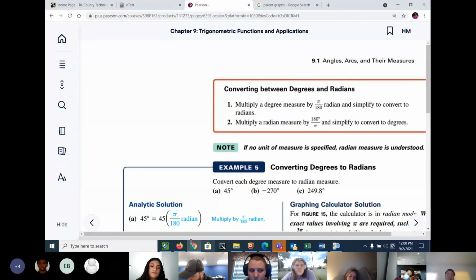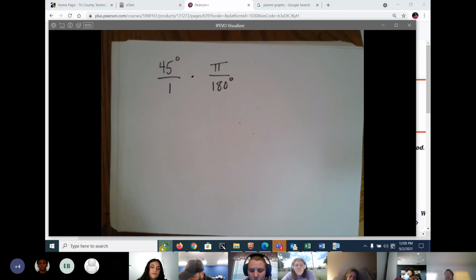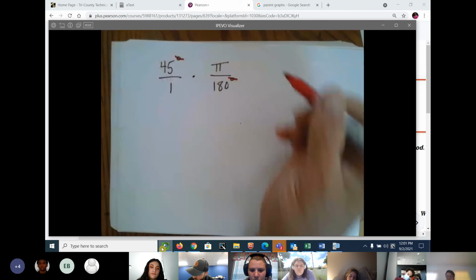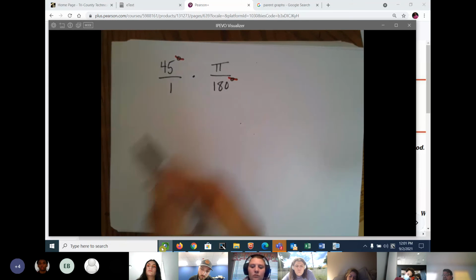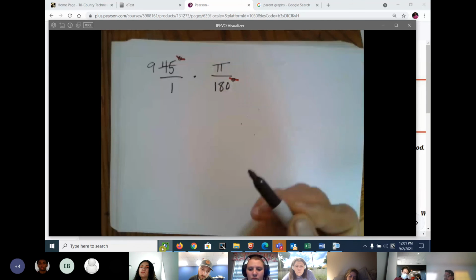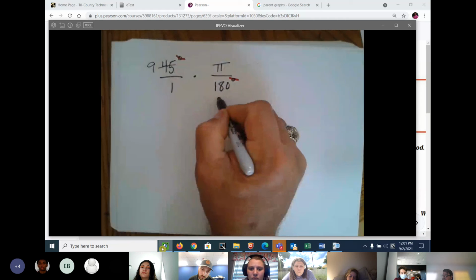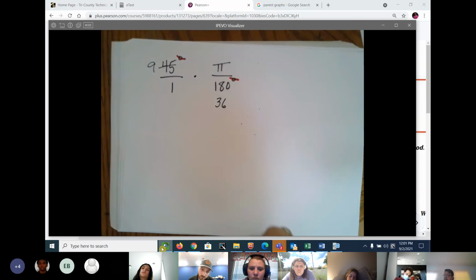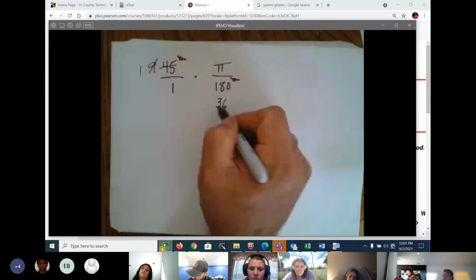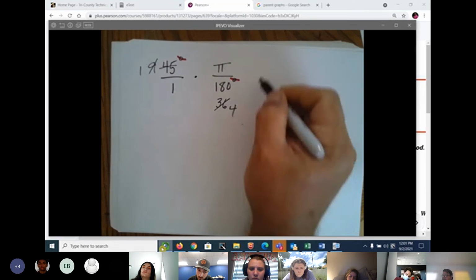Again, there was no memorization there. I just put the 180 on the bottom. And I would use cancelization as much as possible. 5 will go into 45 9 times. 5 will go into 180 36 times. 9 will go into 9 1 time, and 9 will go into 36 4 times, so pi over 4.